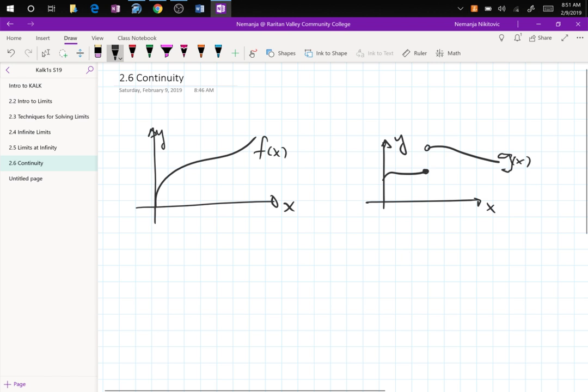So this one over here would be called continuous, and this one over here would be not continuous, but it is piecewise continuous, because if you look at each of the pieces, each is continuous.